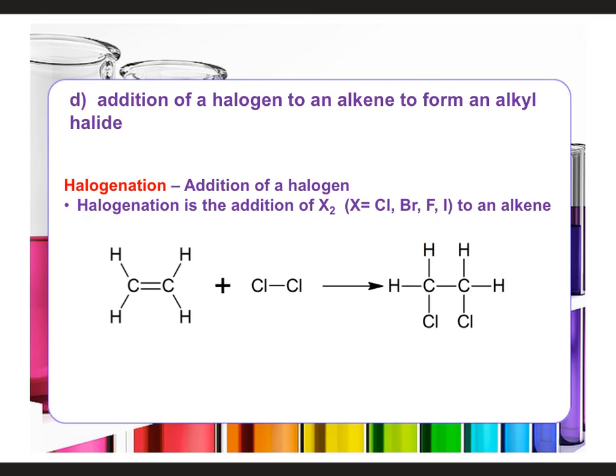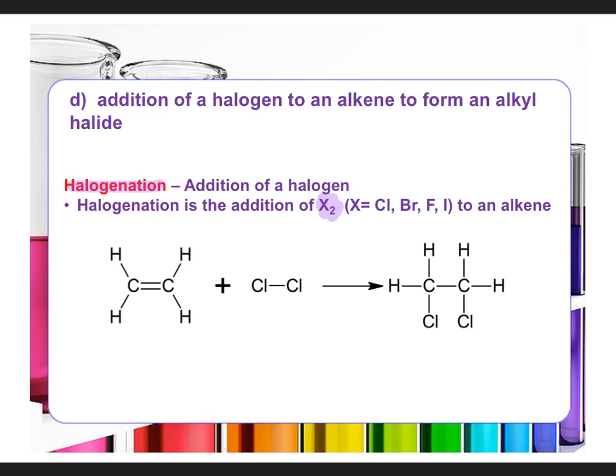In halogenation, we add a halogen, so not a hydrogen halide, but an actual halogen. So we're going to have X2, where X could be chlorine, bromine, fluorine, or iodine, and we're adding it to an alkene.